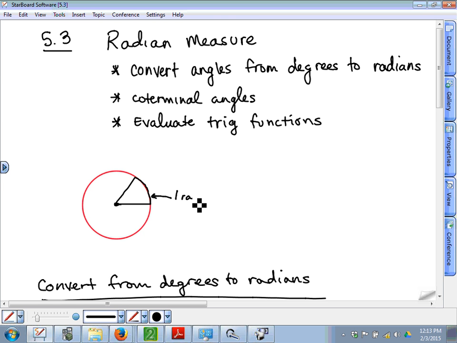This is called 1 radian. Now the nice thing about this is it doesn't matter the size of the circle. 1 radian is going to be the same on a large circle or a small circle.